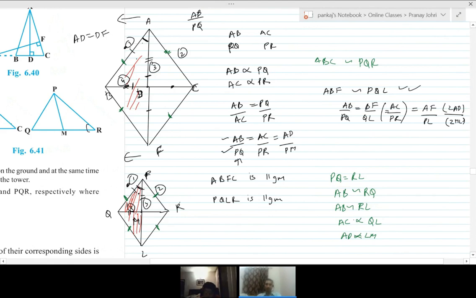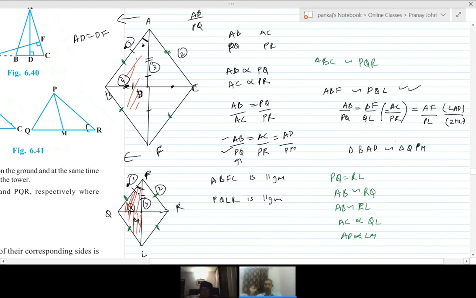And so angle A is equal to angle P. Done. So by SAS we have triangle BAD similar to triangle QPM.